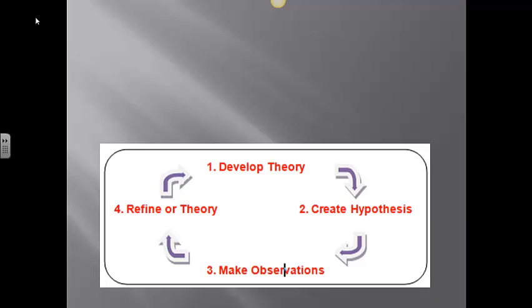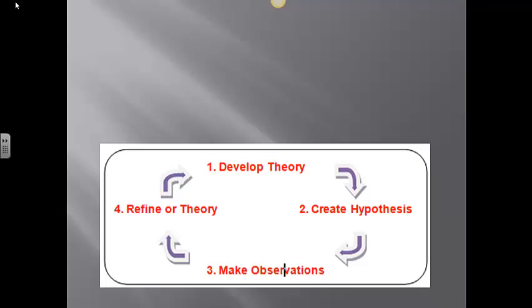Now, a good hypothesis is a specific statement of expectation of what's going to happen given certain conditions. For example, given certain variables and certain procedures together. We can often put this into an if-then statement when we use our research.